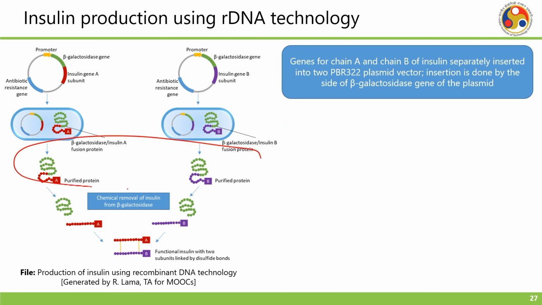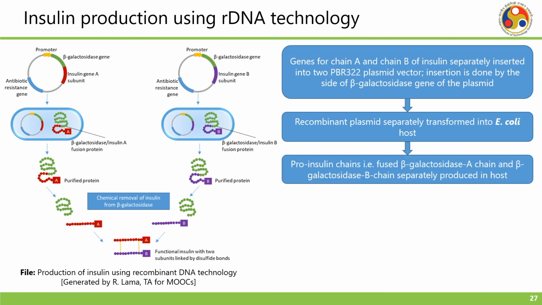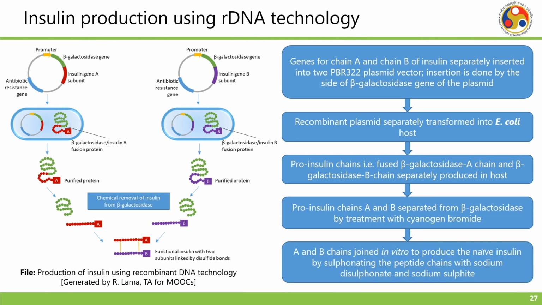These are purified separately, and the beta galactosidase is removed by a chemical method to release the A chain and the B chain. These A chain and B chain are then cross-linked with one another by disulfide bonds to form a functional insulin molecule. So, this is a very popular method now, and also an economic method to produce insulin in bulk quantities.